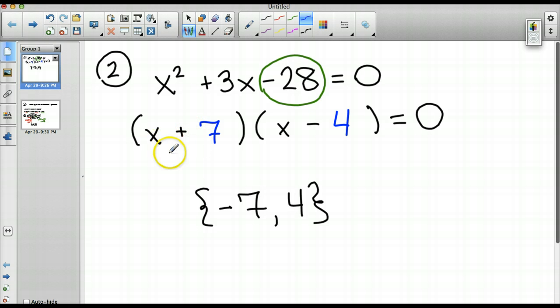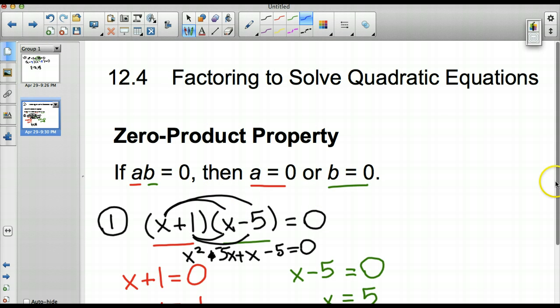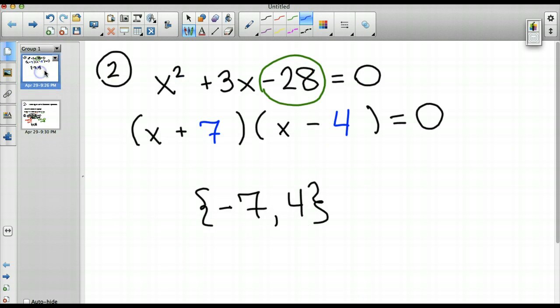We've factored this into x plus 7 times x minus 4, but now we need to use that zero product property, just like we did here for number 1. So if the quantity of x plus 7 times the quantity of x minus 4 is equal to 0, then that means x plus 7 itself is equal to 0, or x minus 4 itself is equal to 0.